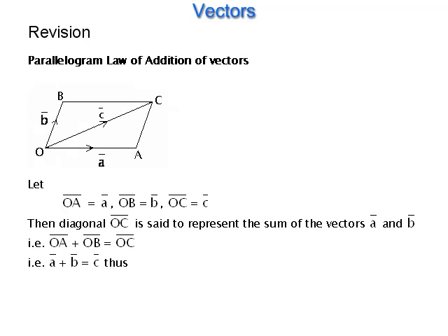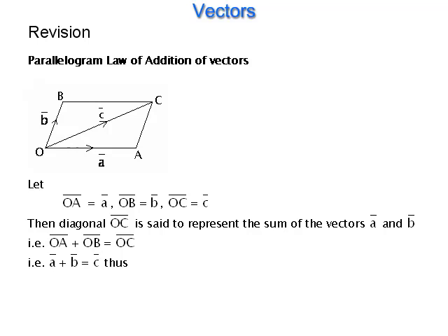Second, parallelogram law of vectors. Let A bar and B bar be two non-zero vectors represented by OA bar and OB bar respectively. Complete the parallelogram OACB. Then the diagonal OC bar is said to represent the sum of the vectors A bar and B bar.